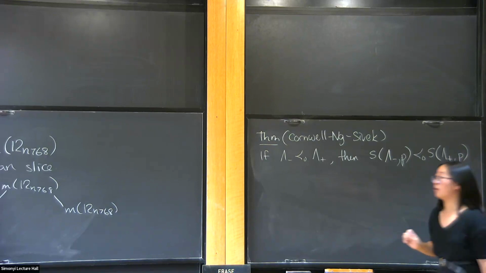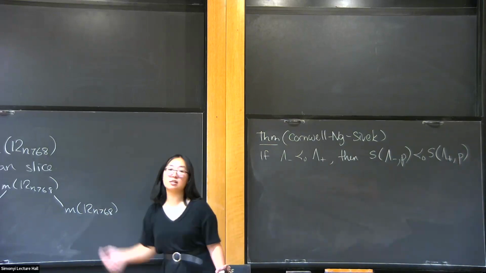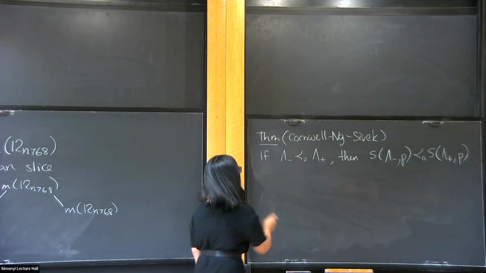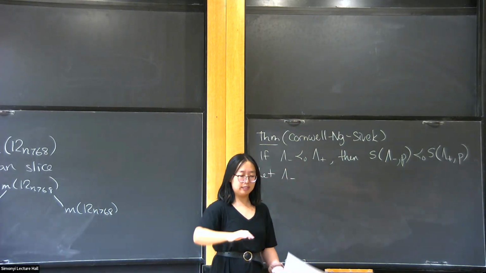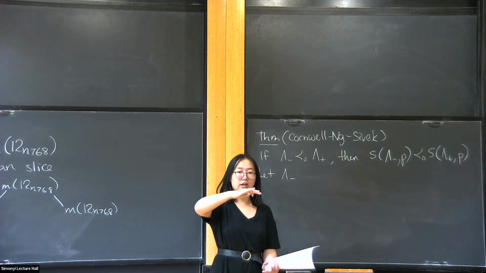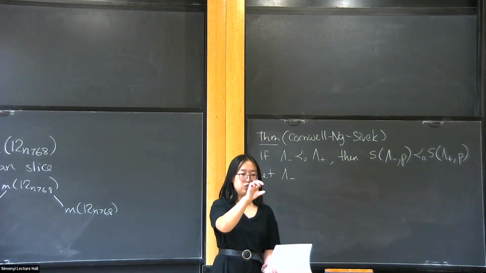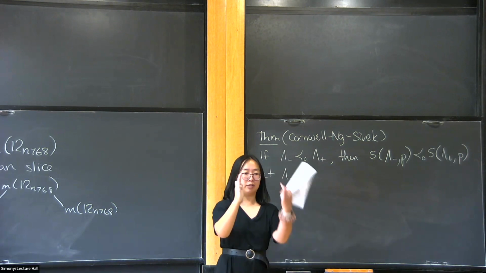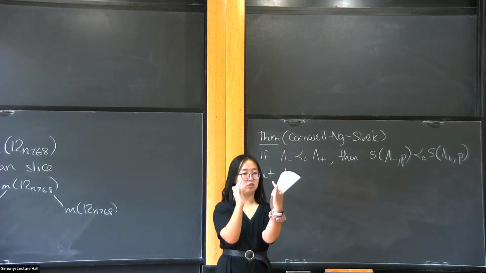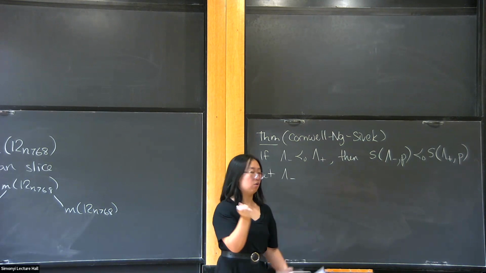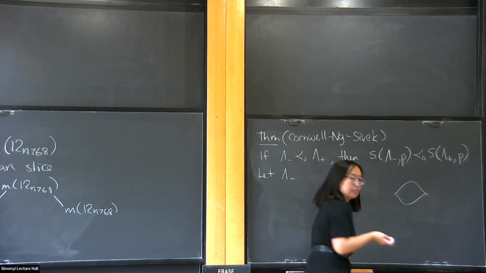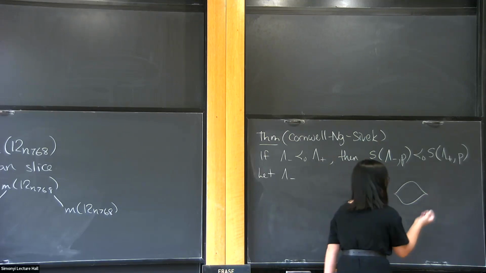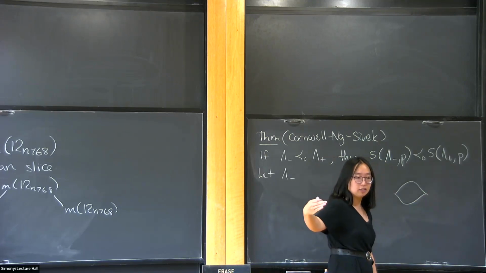So if I think about these two knots, what is the satellite? I'm going to take n parallel copies of the knot, and then I'm going to take a little pattern at the top that joins them together. So for instance, let me just do an example of the unknot. I can take a satellite of this by specifying a pattern and the number of strands, the number of parallel copies.